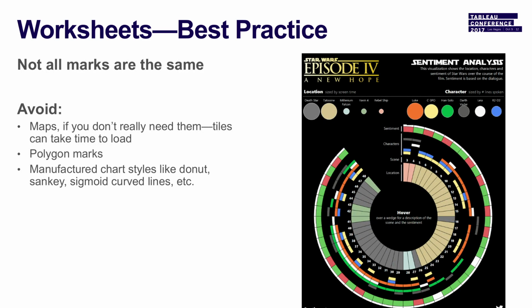The second thing to understand is that not all marks are the same. Polygon marks, so again, this is a beautiful dashboard, but pretty much anything that involves curved lines that isn't a native pie chart in Tableau requires us to effectively draw that shape.